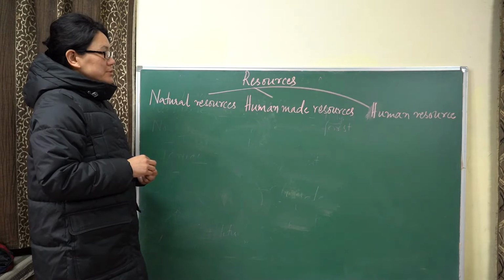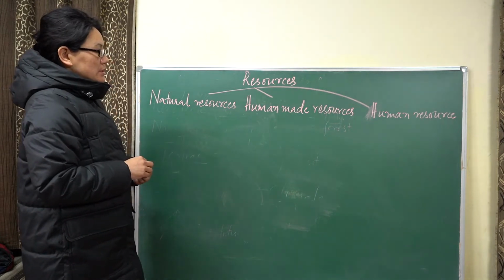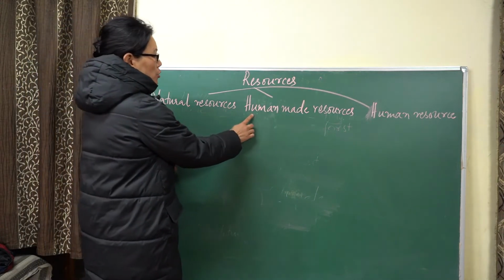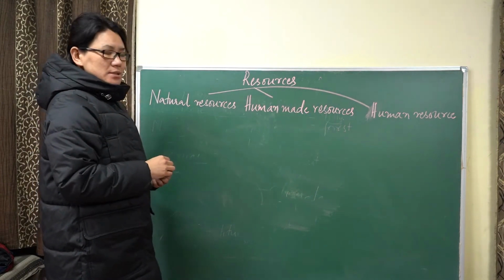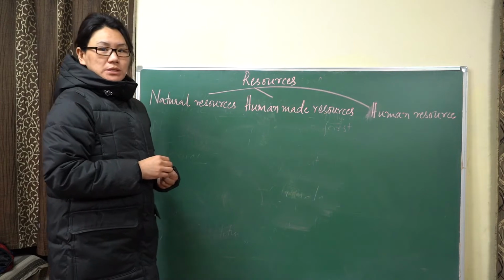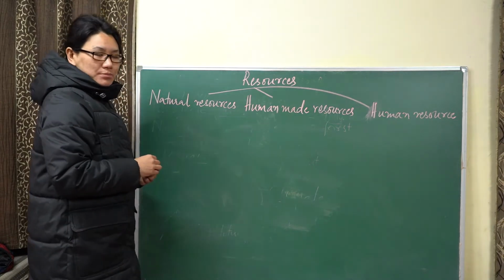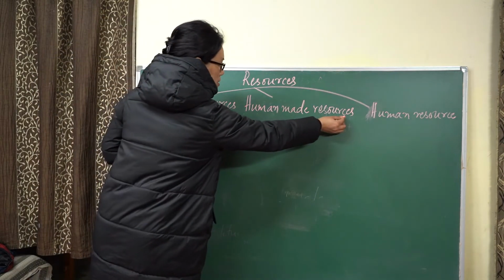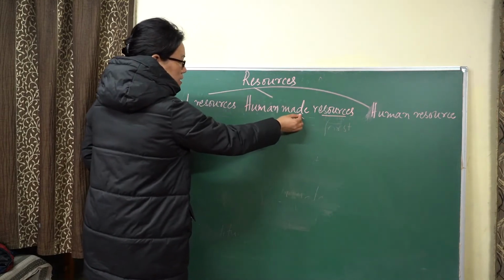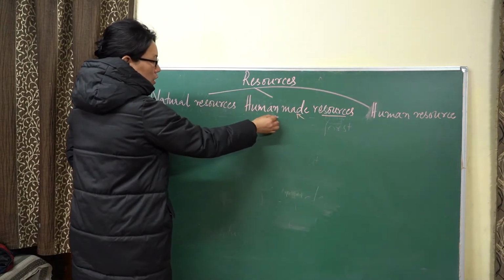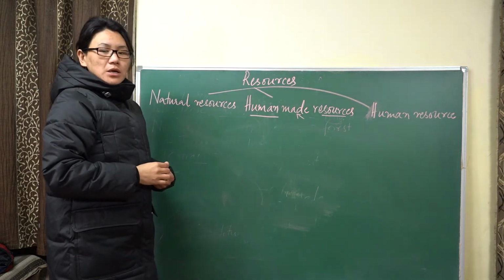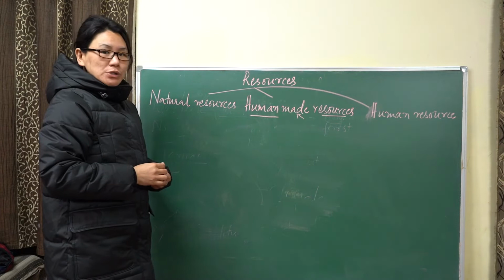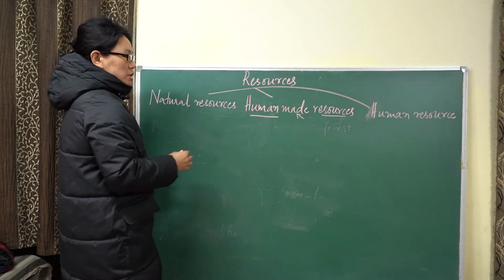Now, the second type of resources is human-made resources. What are human-made resources? This is very simple, right? See here, resources made by humans are called human-made resources.